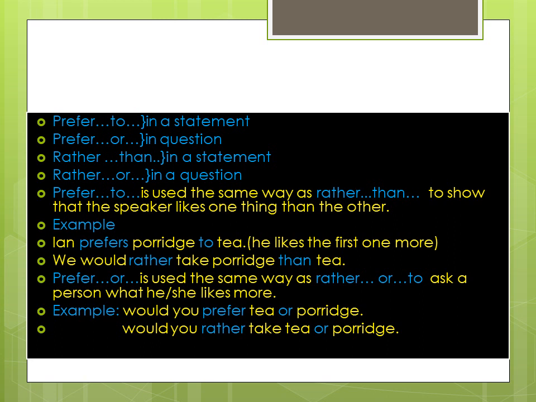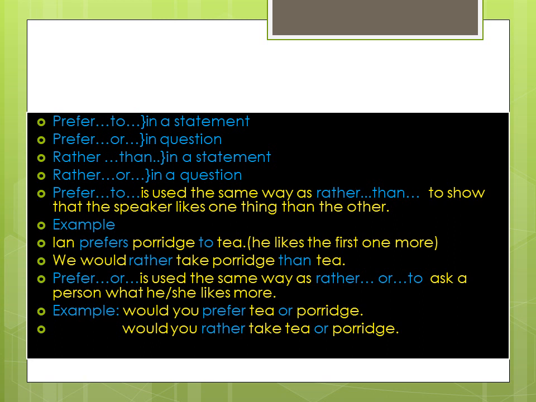Prefer to is used the same way as rather than. These are used the same way, both in a statement, to show that the speaker likes one thing more than the other. In a statement or a sentence, you use prefer to or rather than to show that the person you are speaking about likes one thing more than the other.